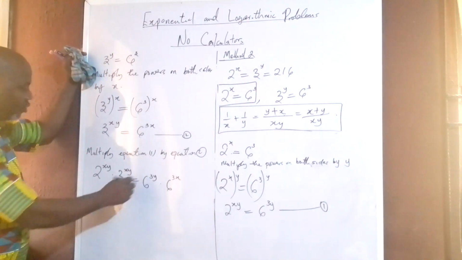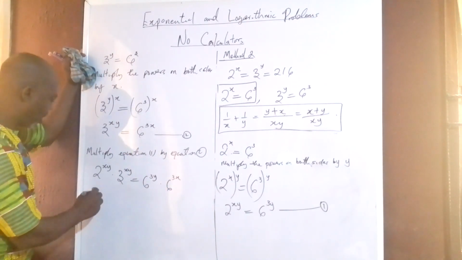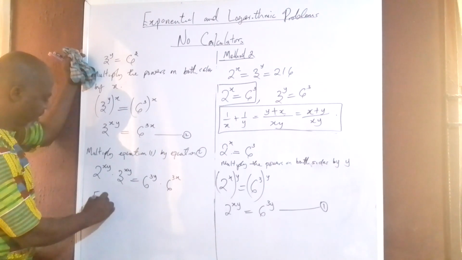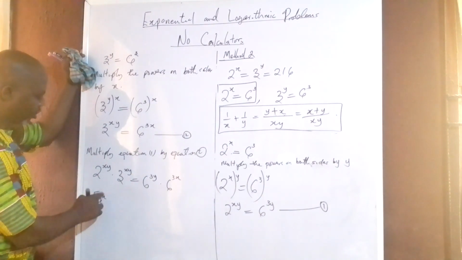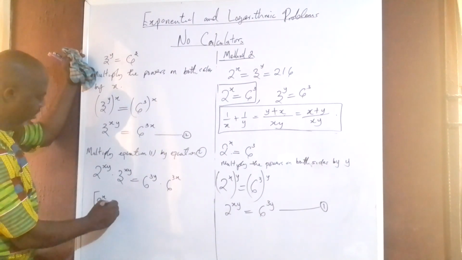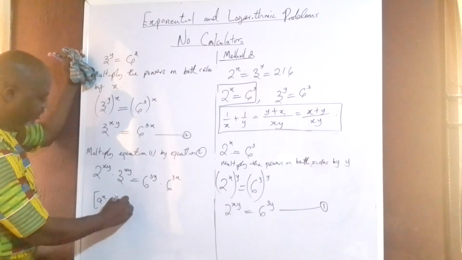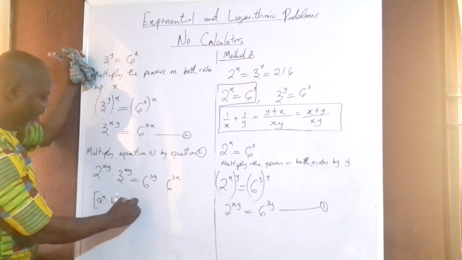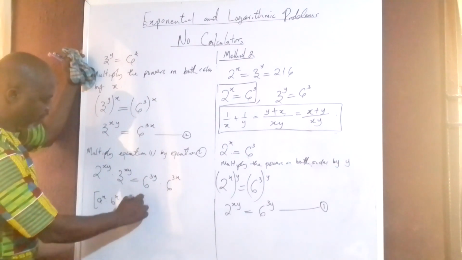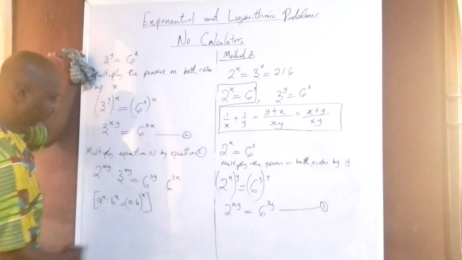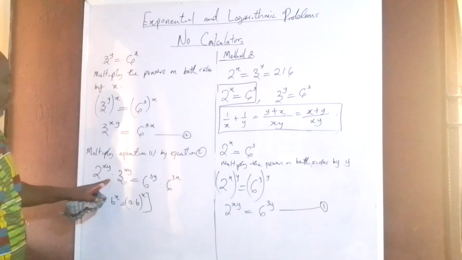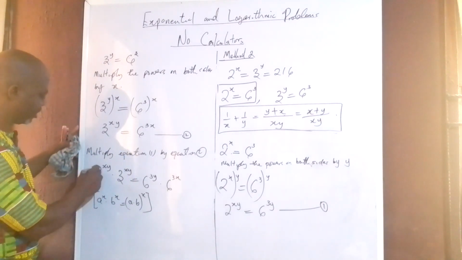So here now, we are going to apply a law. The law we are going to apply is that if you have a to the power of x dot b to the power of x, this will give us a dot b all to the power of x. We apply this to the left.